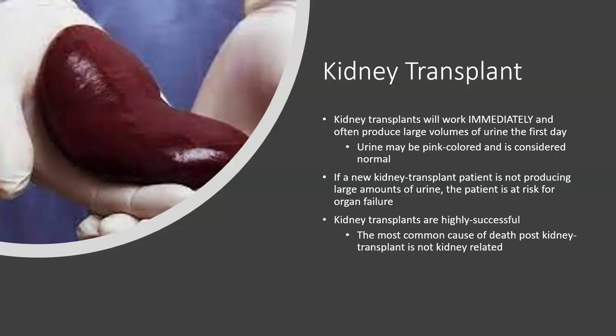And so as a result, they do produce a large amount of urine immediately that first day. The urine may have tinges of pink coloration, and that's due to bleeding that has happened with putting in the kidney. And so this is considered perfectly normal for there to be pink tinged urine in a kidney transplant.